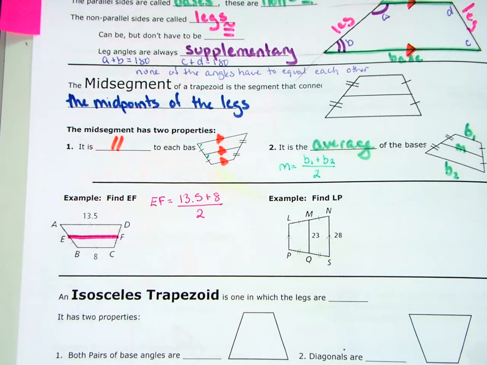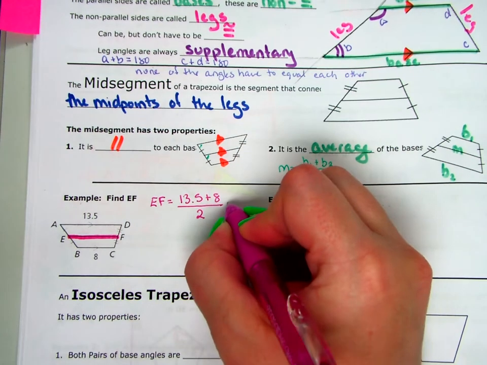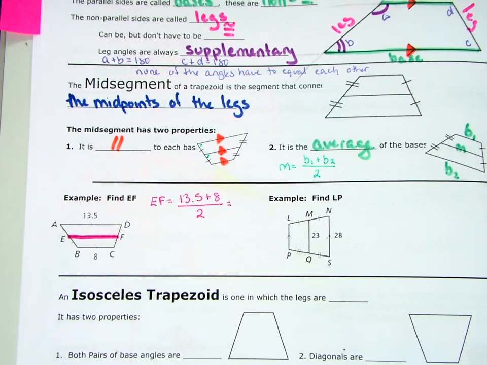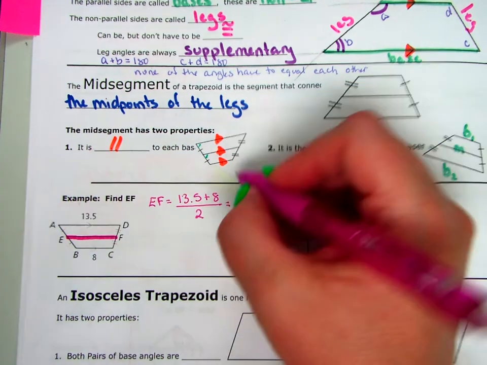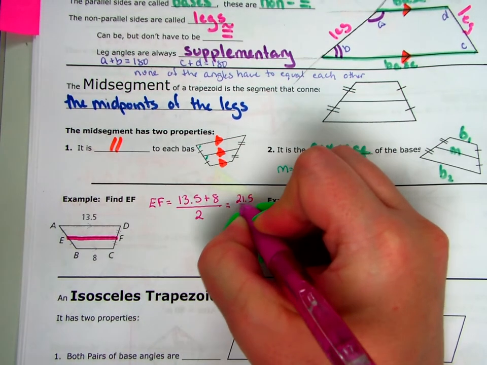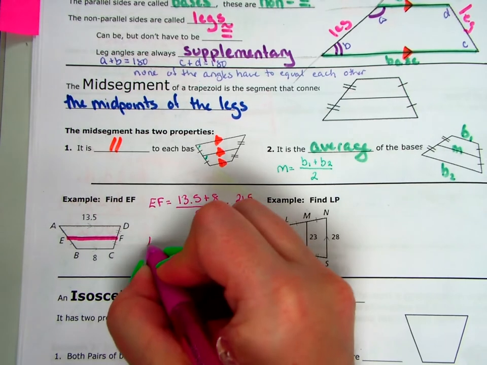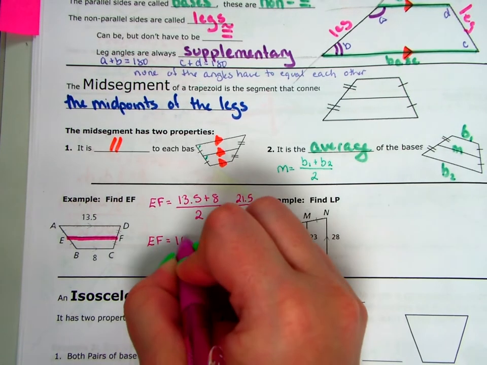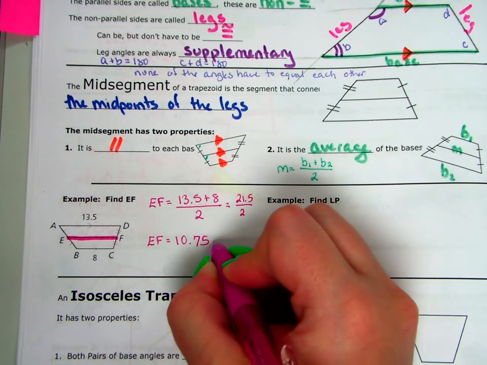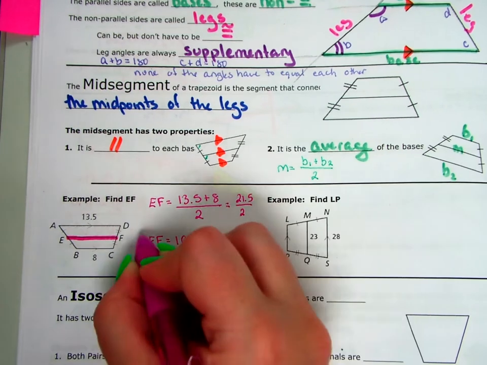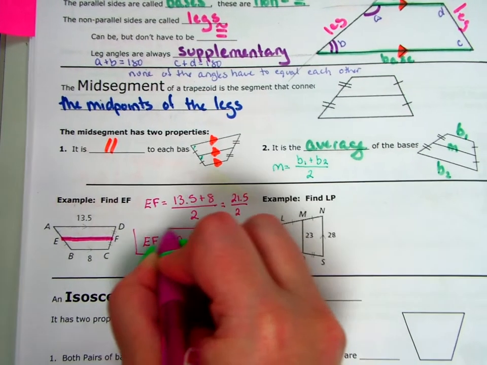Add them together, divide them by 2. 13.5 plus 8? 21.5. Divided by 2? 10.75. Units. Just regular old units because it's a length, not an area.